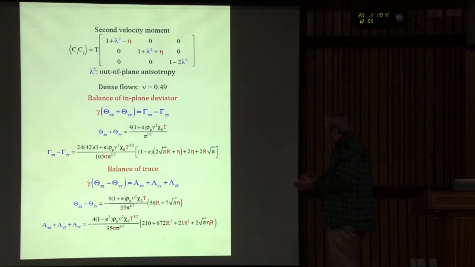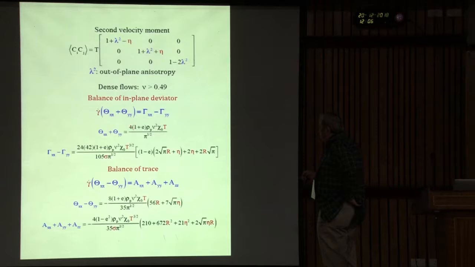And now I'm looking at the more complicated balance equations that are required when you're introducing the full second moment of the velocity fluctuations as descriptors in the theory. That is, usually you only have the trace of the second moment, which is what we call the granular temperature. Okay, so you've got a balance equation. We're just focusing now on describing what's happening in the plane of motion.